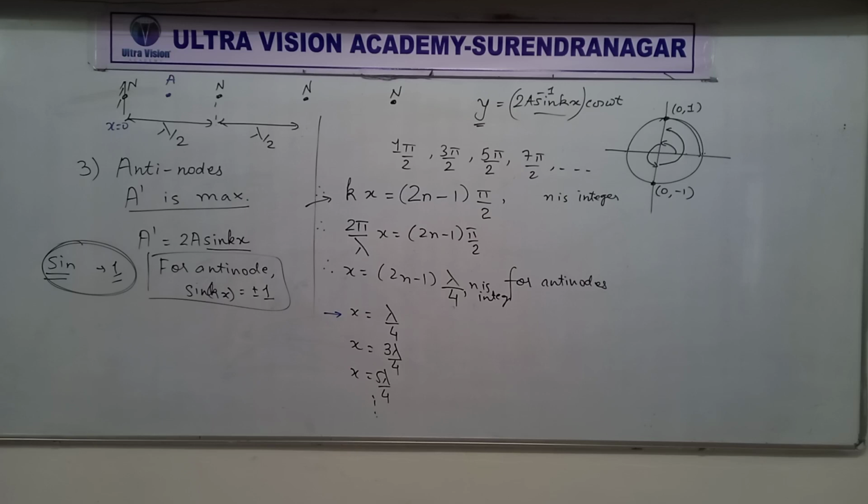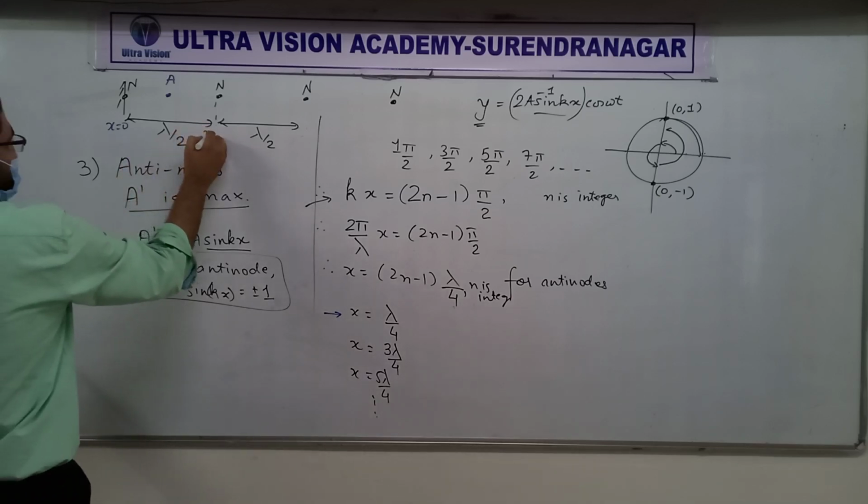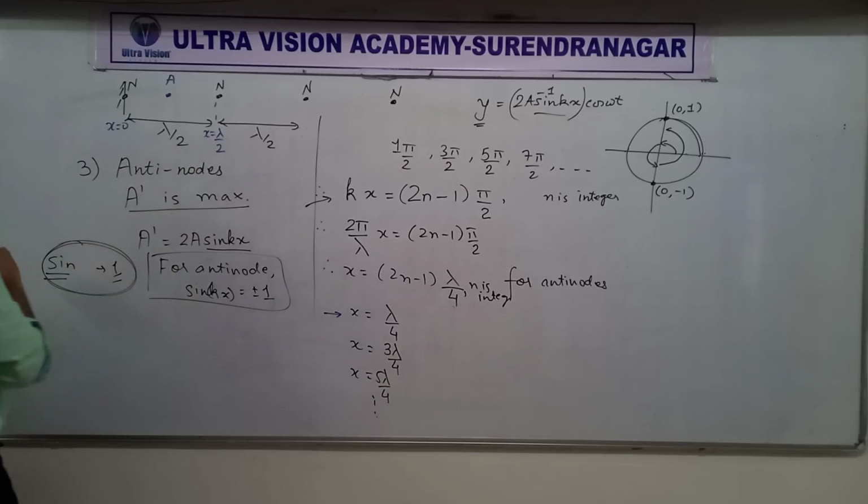Where is x equal to lambda by 4? On the string, it will be halfway between the two, right?